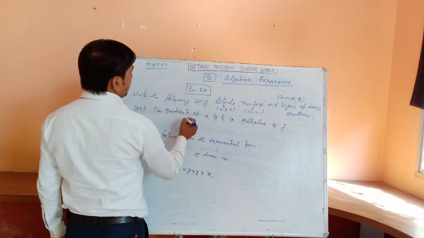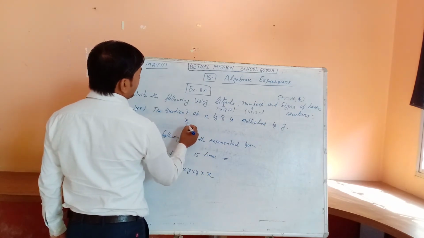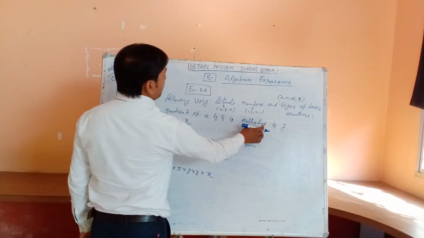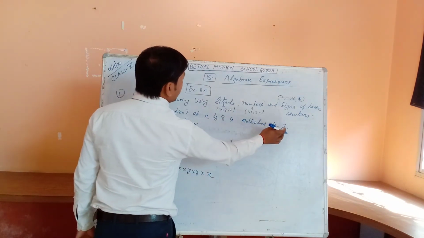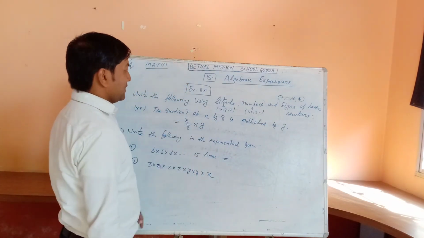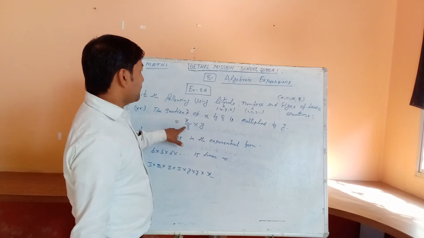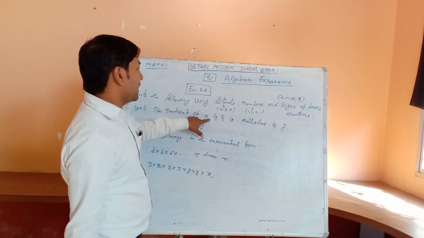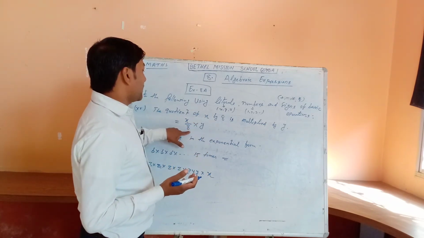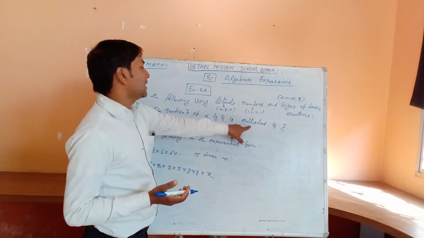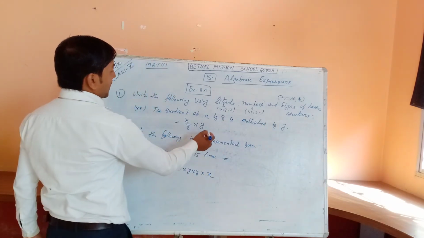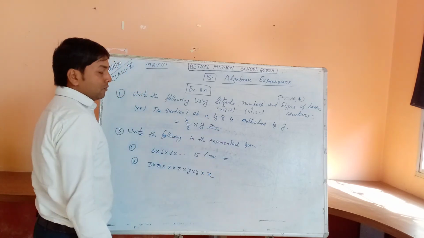It means x by 8, and you have to multiply it by y. This is the algebraic expression. By means the division symbol, x by 8, and multiplied means into, by y. Okay, this is the answer. This way you can write.